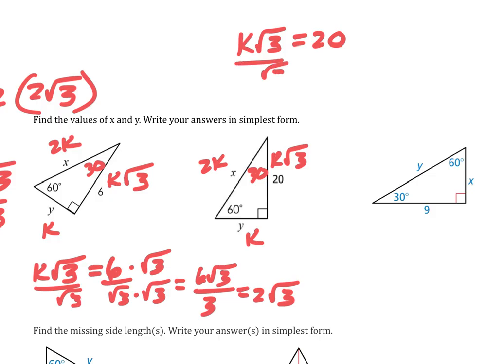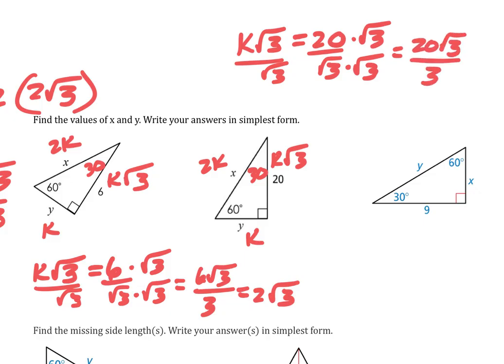I'm doing the same work that I just did. I'm dividing by radical 3. And then I'm going to multiply by radical 3 on top and bottom. And I end up getting 20 radical 3 over 3.